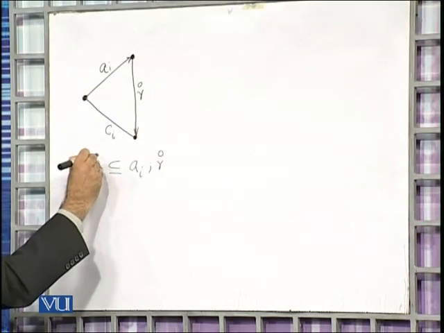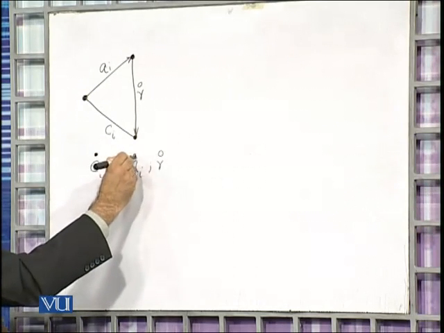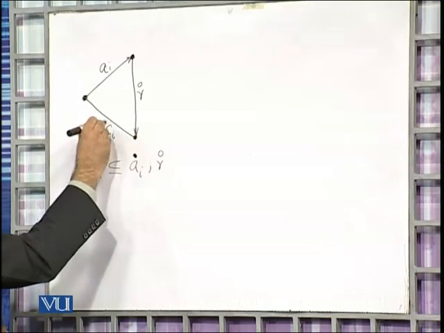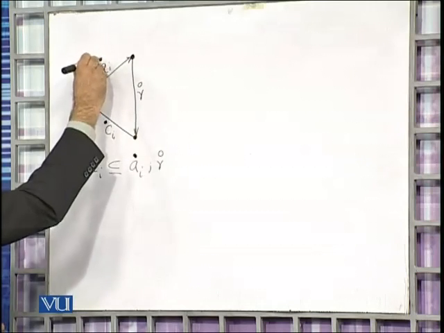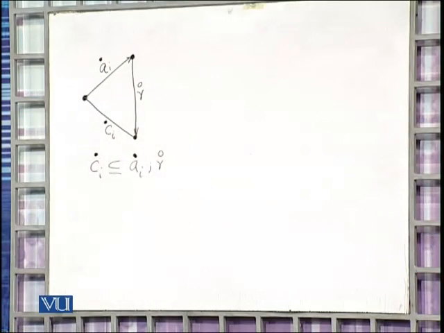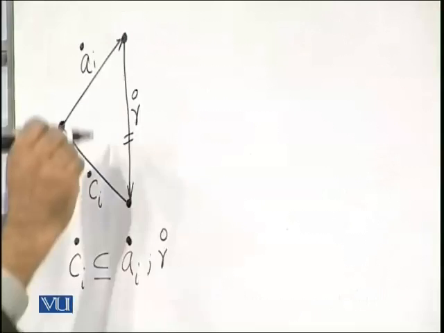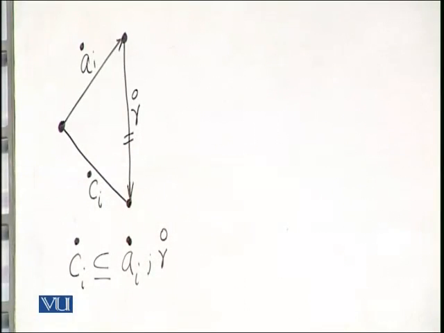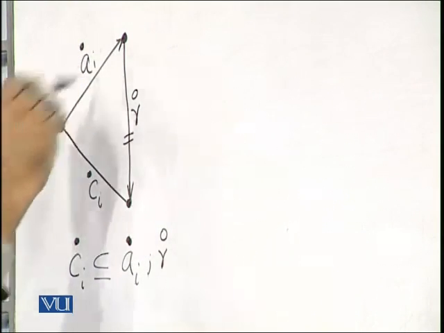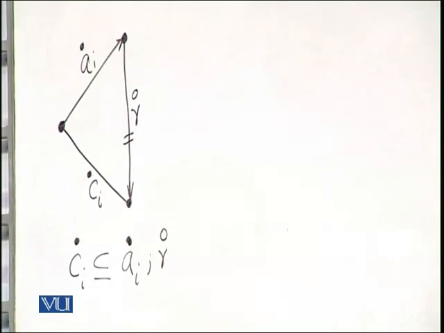And of course, I have the totalized forms of these AIs and CIs. If that happens, that means AI and CI are related, and we have a correspondence between these two.